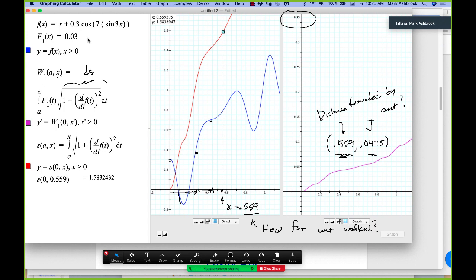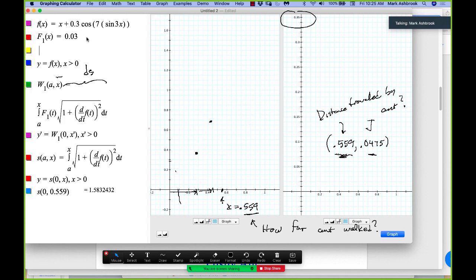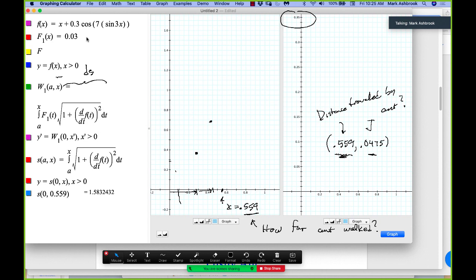I know the time, do not fret, we're just going to press on. Don't worry about the quiz, worry about the math for now. So I'm going to have a new force function, starting with 0.03. I'm going to use s as my dummy variable. Remember that this is a function of how far the ant has walked.